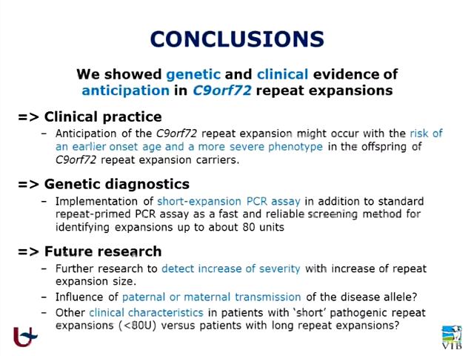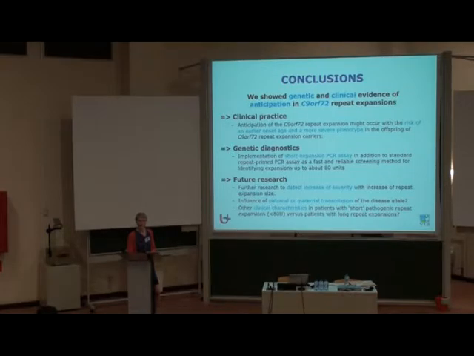In myotonic dystrophy, another repeat expansion disease, there is a higher risk of anticipation when there is a maternal transmission. And then furthermore, we want to look if there are specific clinical characteristics for patients with short pathogenic repeat expansions versus patients with long repeat expansions.